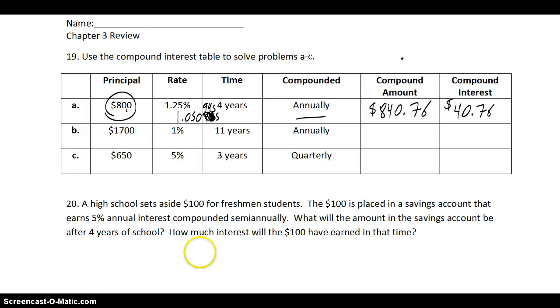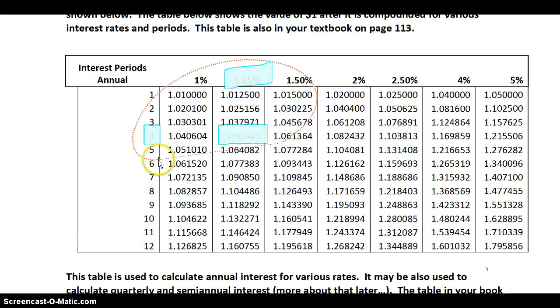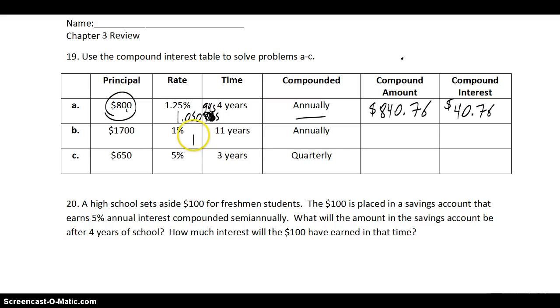Okay. Do the same thing with part B. $1,700 this time at 1% for 7 years. So I need to look up 1% for 7 years. Well, that's 1.072135. You're going to multiply that by the 1,700. And when you do, you get 1896 point some crazy decimal 6356.